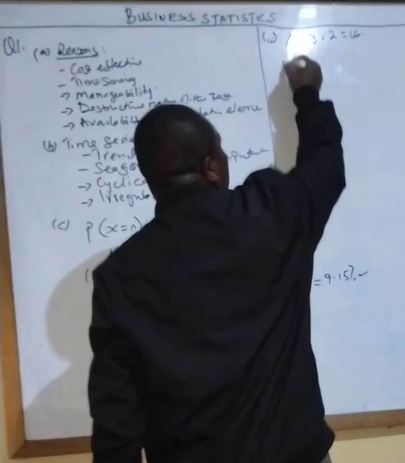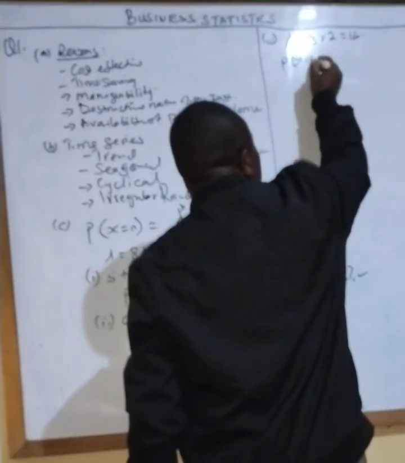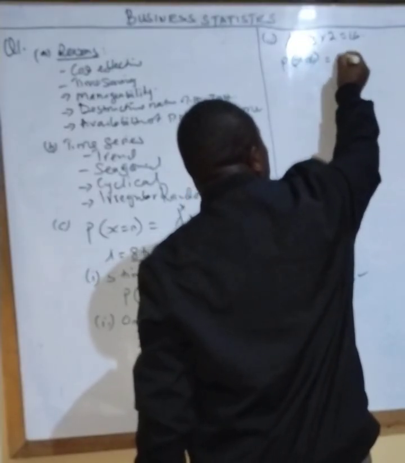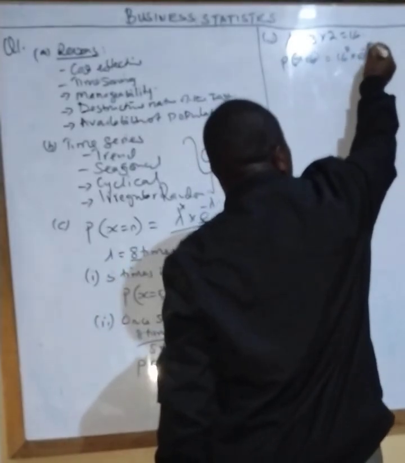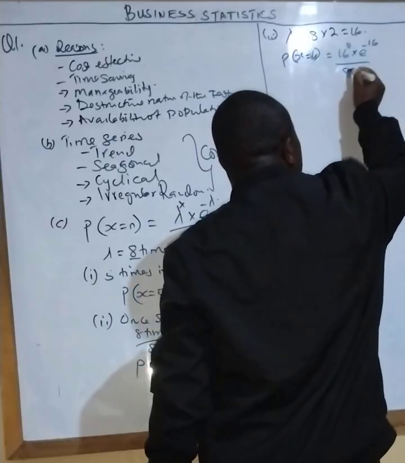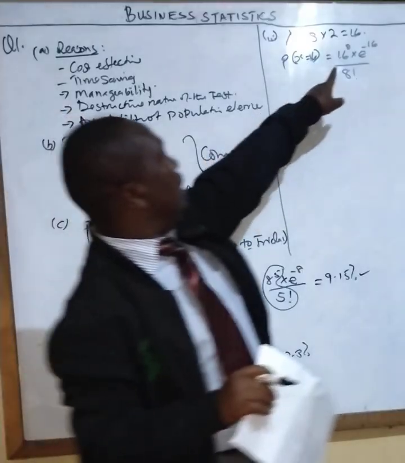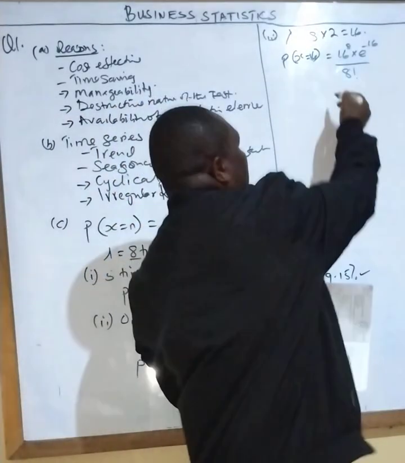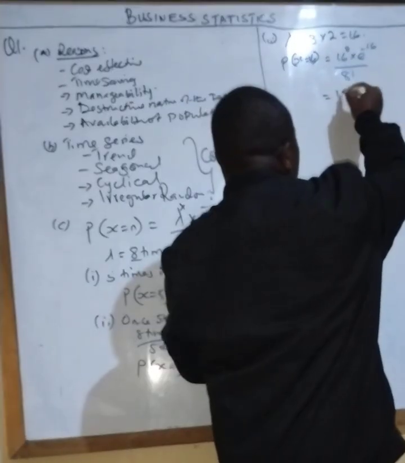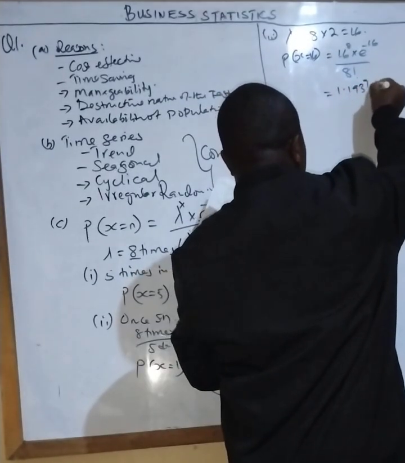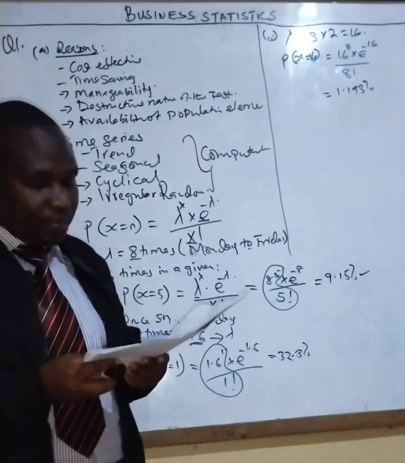Then you come and work out the probability that x equals 8, which is given by 16 power 8 times e power negative 16 over permutation 8. Correct? So when you press your calculator very well here, the answer you get in this case is 1.193%. That is how you are supposed to work out question C.